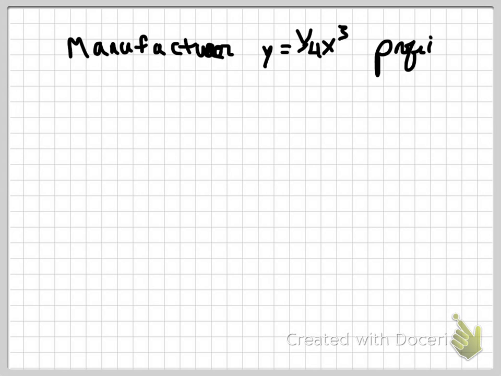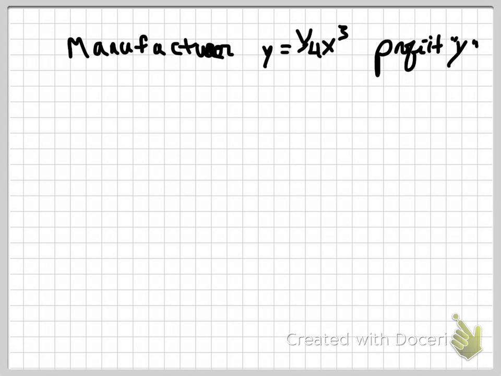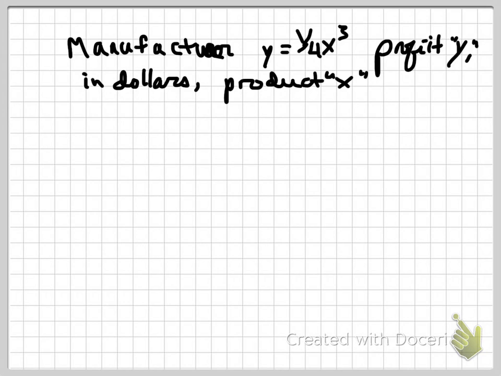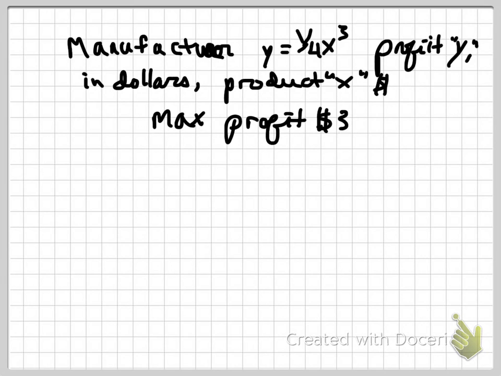If you have a manufacturer who uses the function y equals 1/4 x cubed to represent the profit y, in dollars, how much money is he making from selling a single product for x dollars. The maximum possible profit is $3.